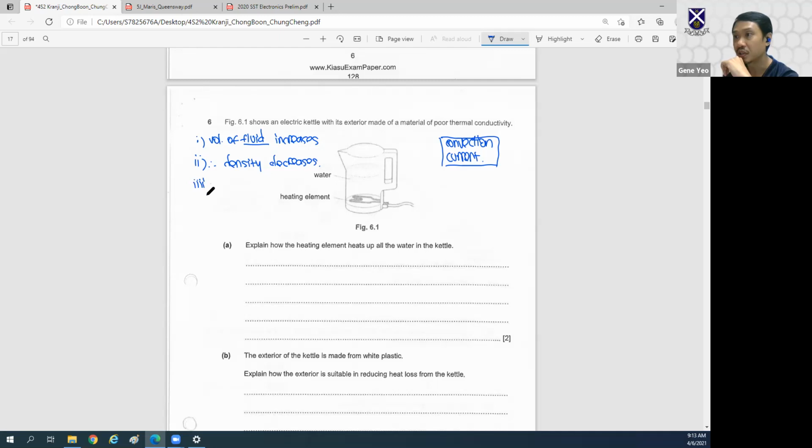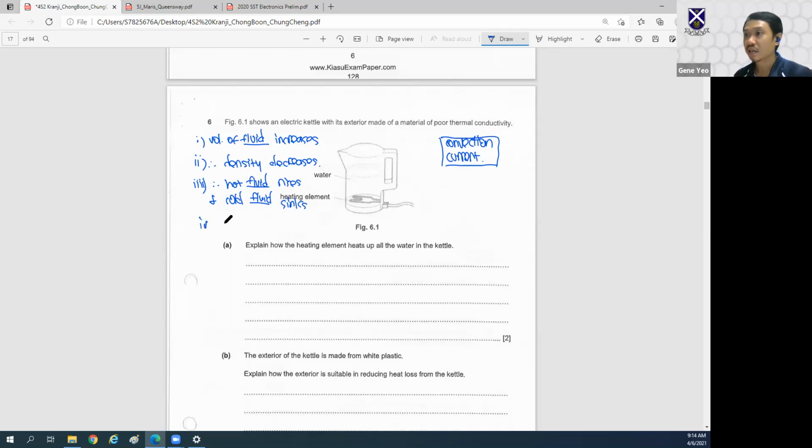The third argument is that, therefore, the hot fluid, I'm going to write down a generic fluid. So if you want to write gas, you want to write water, you want to write whatever that fluid substance is, rises, and the cold fluid sinks. All right.